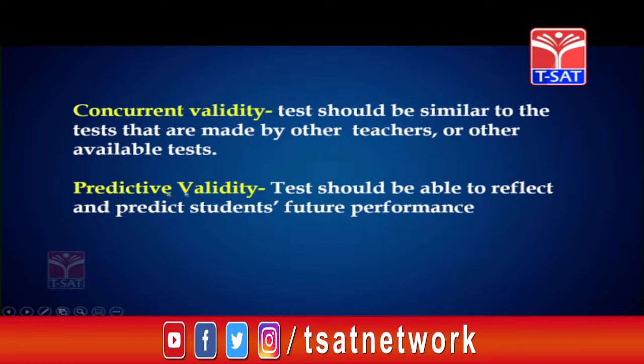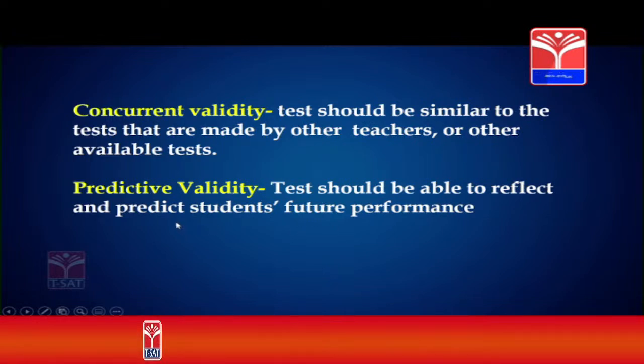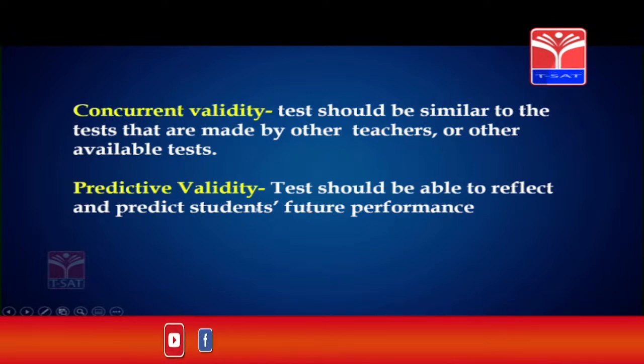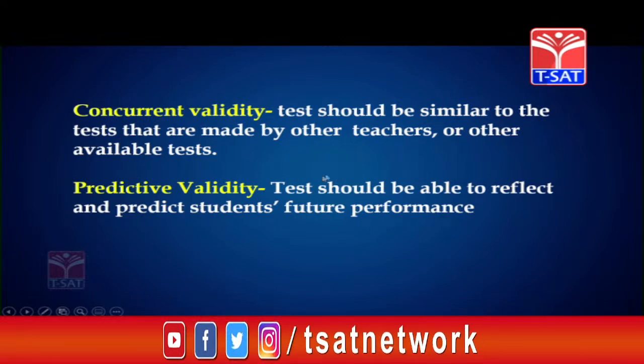And predictive validity refers to the test being able to reflect and predict students' future performance. So, always testing has its implications on the students, and tests help the teachers to design the curriculum, to bring in changes in the classroom procedure.